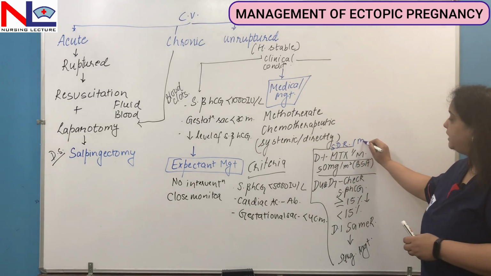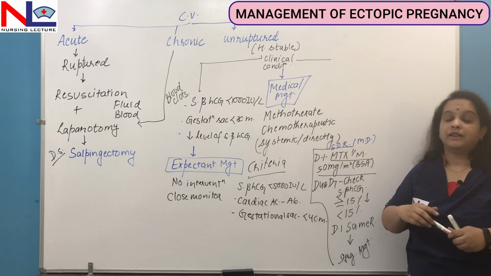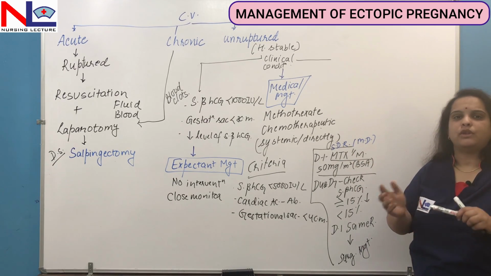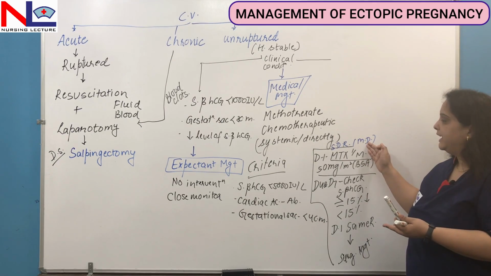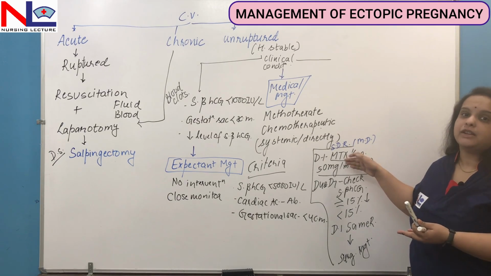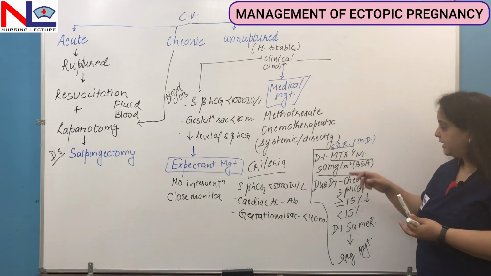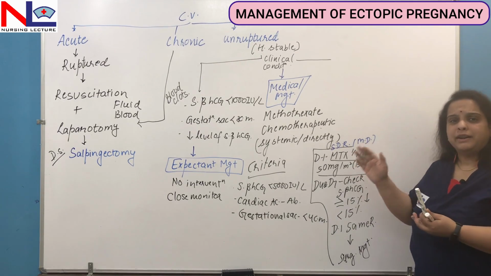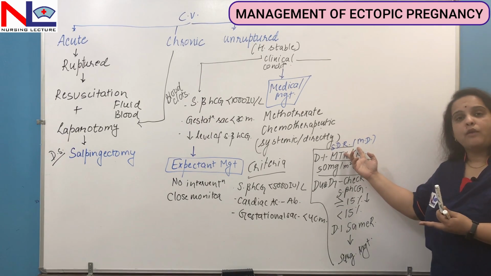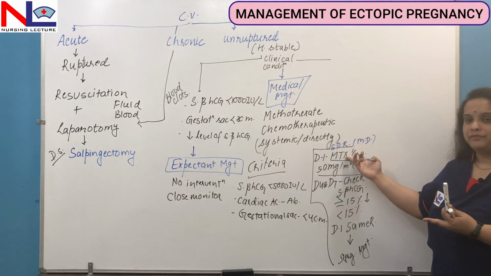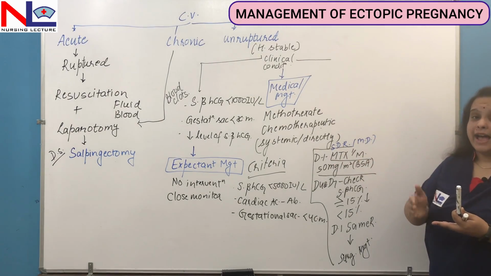There is also a multi-dose regime, where we administer methotrexate combined with leucovorin, that is folinic acid. Both drugs are given together. Folinic acid usually reduces the toxicity of methotrexate, so we combine folinic acid with methotrexate if we are giving the multi-dose. But many studies show that the outcome of both regimes is almost the same.